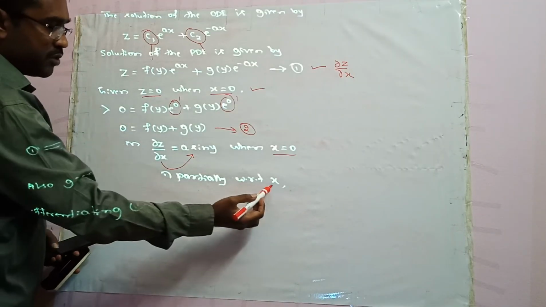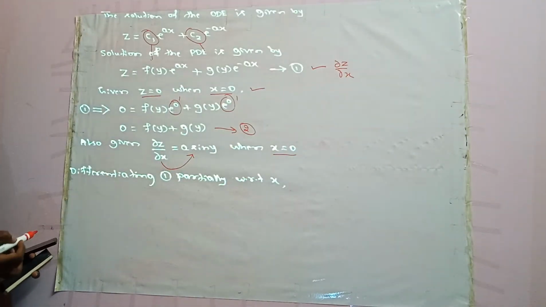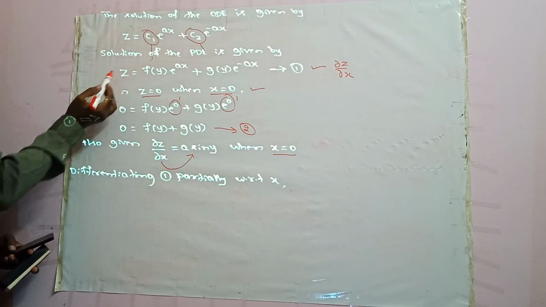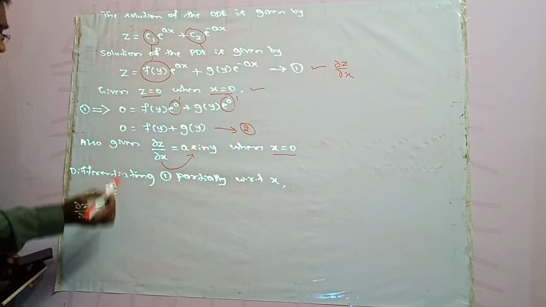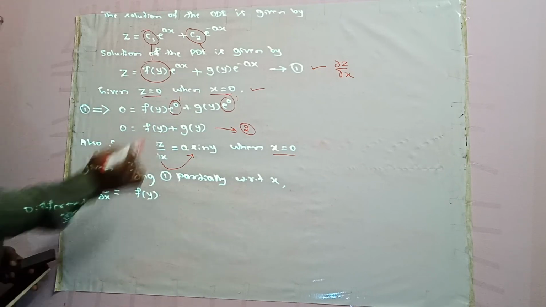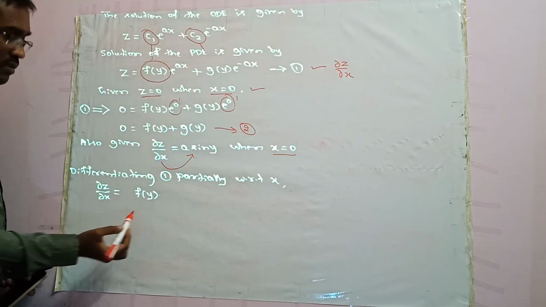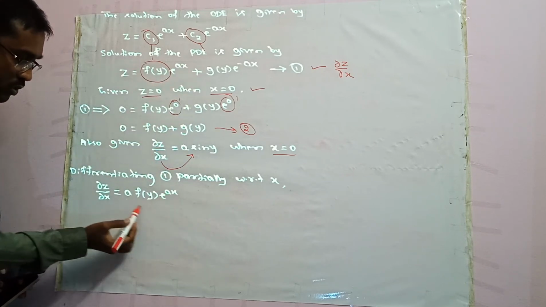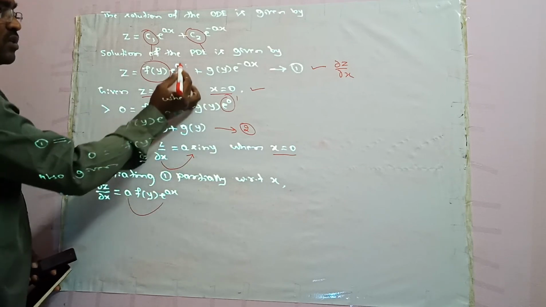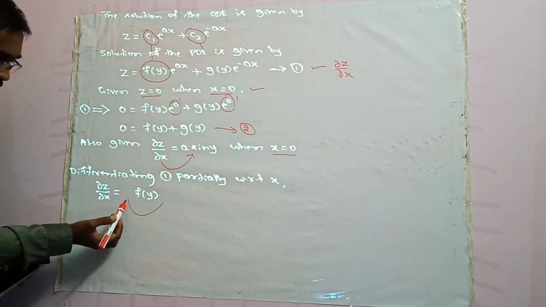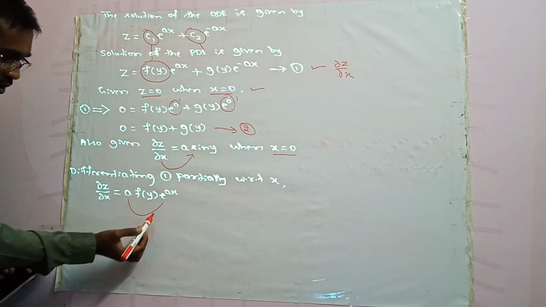Differentiating 1 partially with respect to x, because we want ∂z/∂x: ∂z/∂x is equal to f(y) as it is, since f(y) is constant. What is the differentiation of e^(ax)? It is a into e^(ax). So we get a e^(ax), plus g(y) as it is.